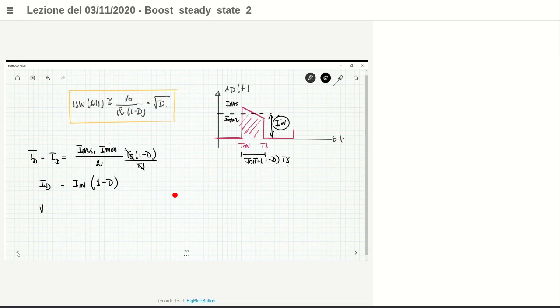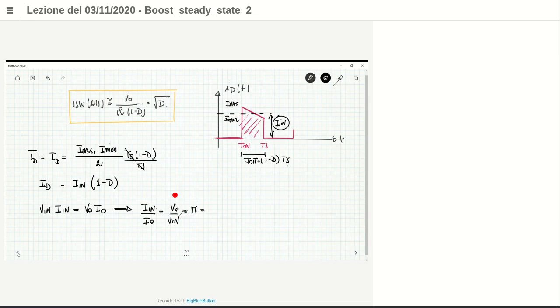Remember that in a lossless converter, V in multiplied I in, the input power, is the same as the output power, V naught multiplied I naught. Okay, so as I said another time in this lecture, the ratio between I in and I naught is the same as the ratio between V naught and V in.